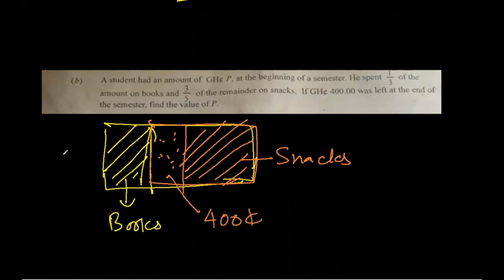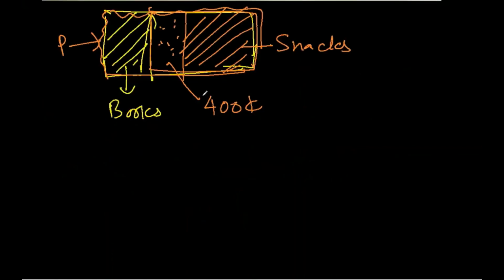What is P? P is this whole thing, right? So let's do the first step, where P was the initial amount and 1/3 of P was spent on books.